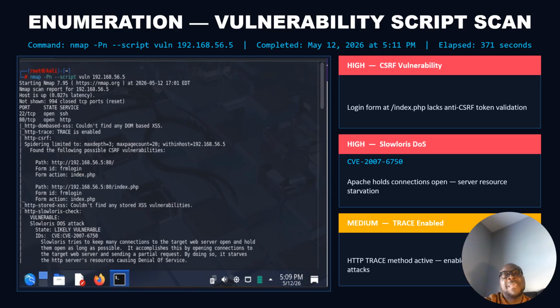Most significantly, it identified the server as likely vulnerable to Slowloris, a denial of service attack where an attacker keeps many HTTP connections open simultaneously, eventually starving the server of resources. This finding gave us strong initial evidence for our flaw hypothesis.